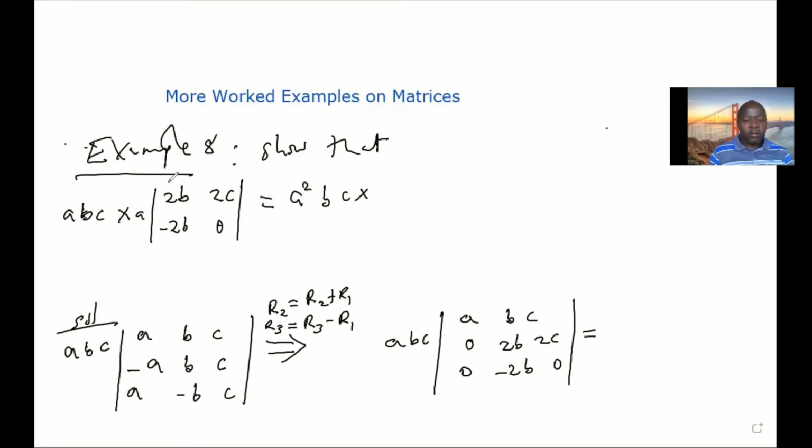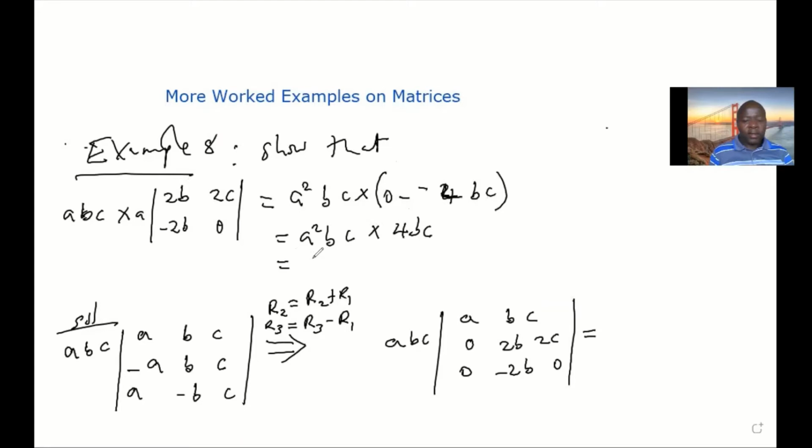This is 0. This is 0. Minus, and this is minus 4BC. So this is just A square BC times this minus, and that will be positive 4 BC.